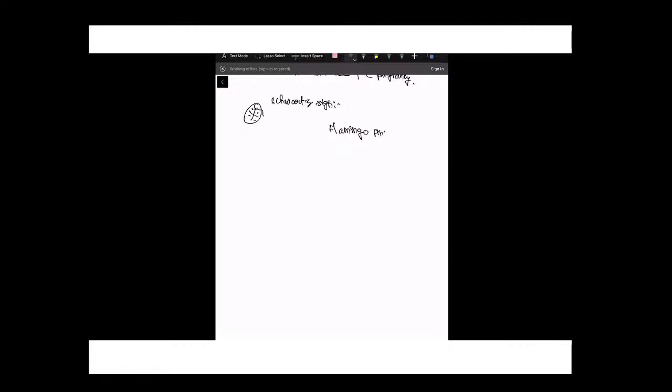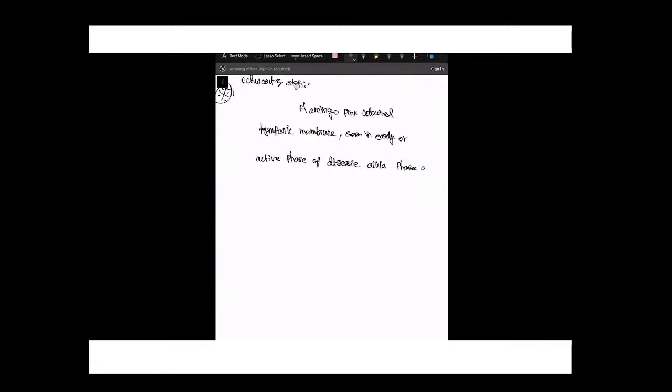Flamingo pink colored tympanic membrane, seen in the early or active phase of the disease, also known as the phase of otospongiosis.